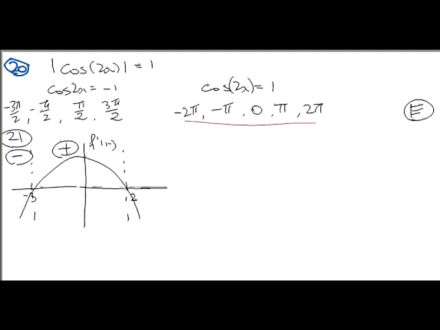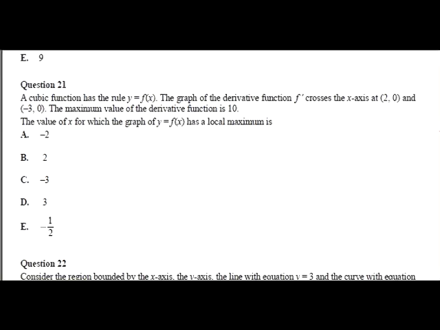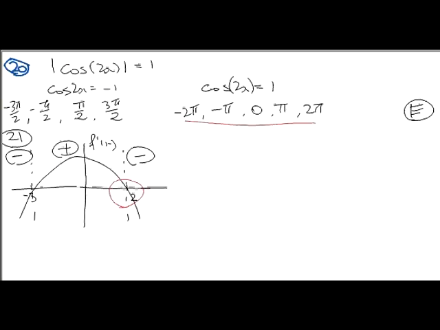And for the last section, gradient is negative. The maximum is when we go from positive to negative. That is the maximum, at x equals 2. So 21 is B.